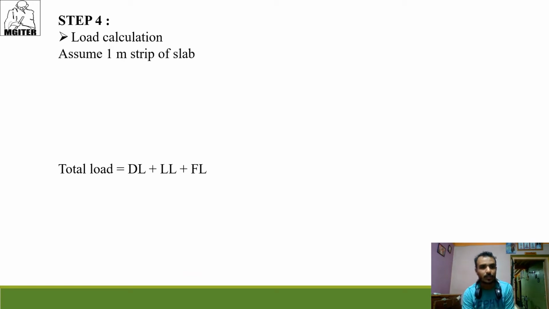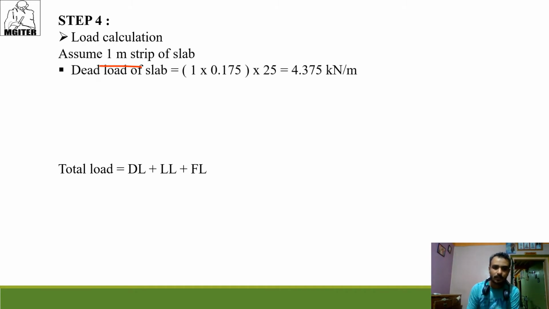Then after, we have to calculate the load. For the load calculation, we assume a 1 meter strip of slab. First of all we calculate the dead load. Look here, this is your slab cross section.